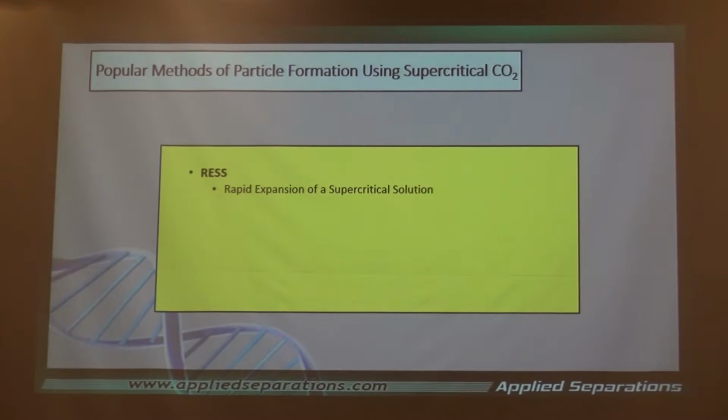There are 4 different ways of doing this. Now, I did not come up with the names. These are names that are in the literature. But there's a process called RES, which means rapid expansion of a supercritical solution. GAS is gas anti-solvent. PCA, precipitation by compressed fluid anti-solvent.